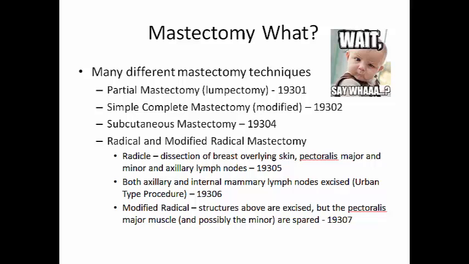Now, if both axillary and internal mammary lymph nodes are excised, which is known as an Urban type procedure, 19306 would be the code. Modified radical would be structures as above are excised, but the pectoralis major muscle and possibly even the minor muscle are spared, and that would be code 19307.